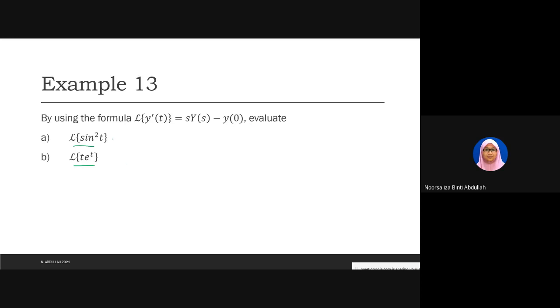What is this? This is y(t). Yang kat dalam tu adalah y(t). So you have here y(t) equals to sin square t.